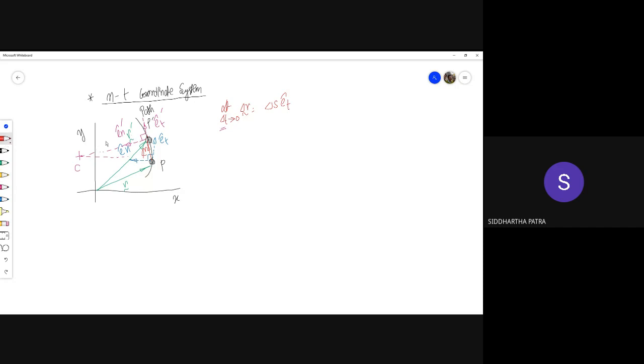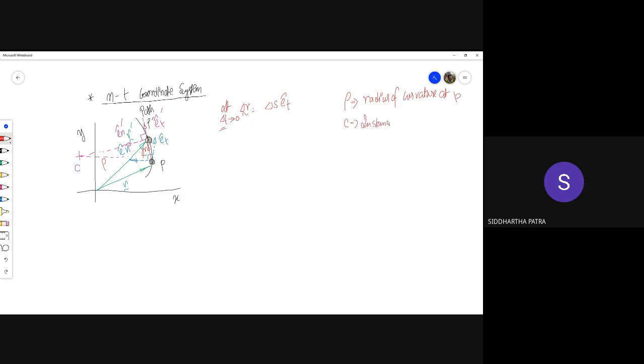The distance from that center to P or P prime is given by rho, which is the radius of curvature of the path at P.